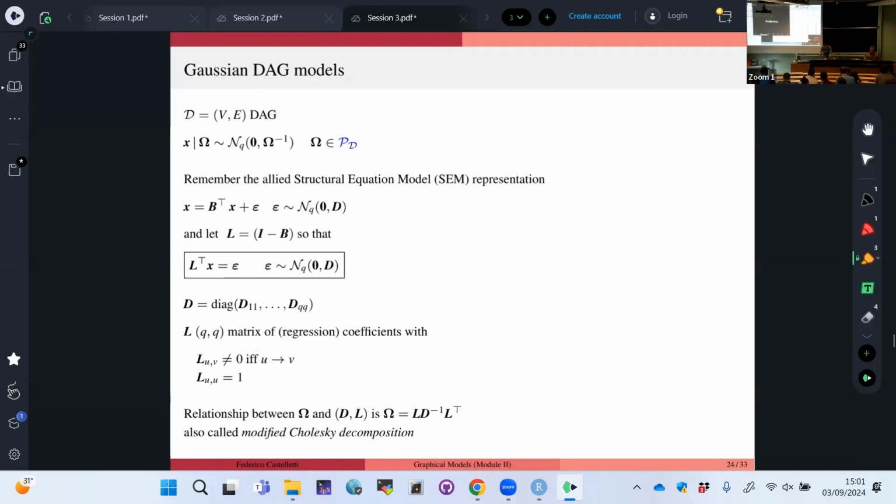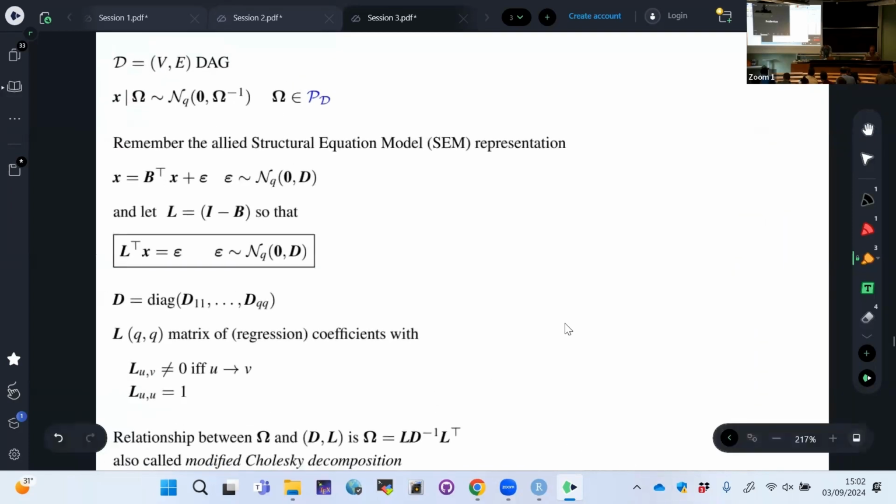Now we need to recall what we called the structural equation model representation of a Gaussian DAG model, which, if you remember, is based on a reparameterization in terms of a matrix of regression coefficients, capital B, and a diagonal matrix D collecting node conditional variances.